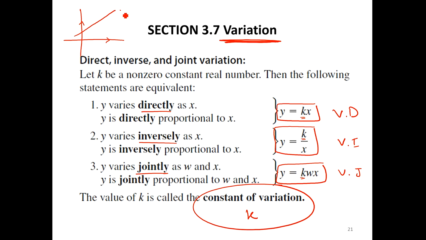This is direct variation. Whenever X increases, Y increases, of course with the constant of variation K. But inversely, when X increases, we have a decrease in Y, like this.